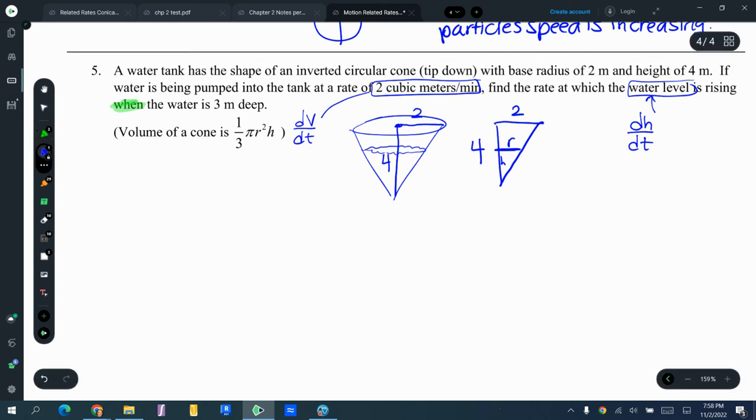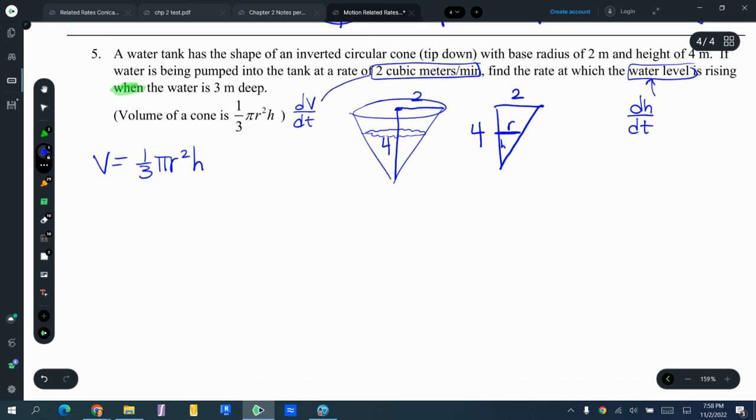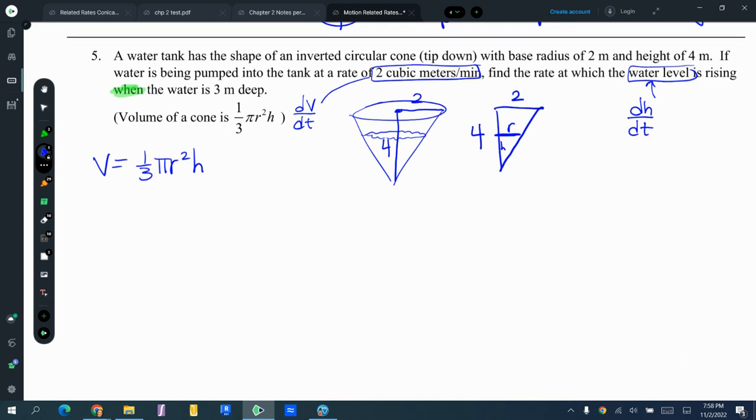So if I first take a look, the volume of a cone is 1/3 pi r squared h. I'm going to note again that if I take the derivative of this and use product rule, I'm going to have an r, a dH/dt, an h, and a dr/dt, which I don't have information for. So let's make a secondary equation.